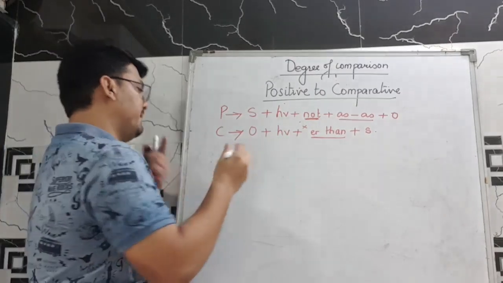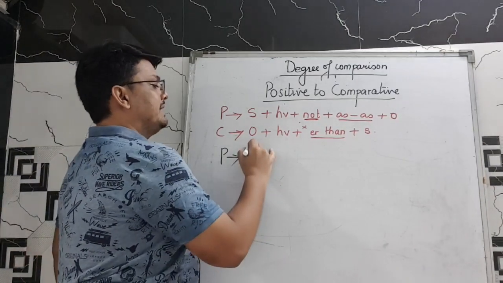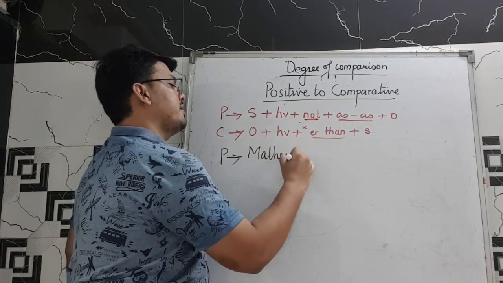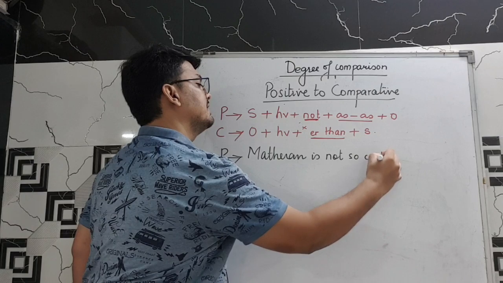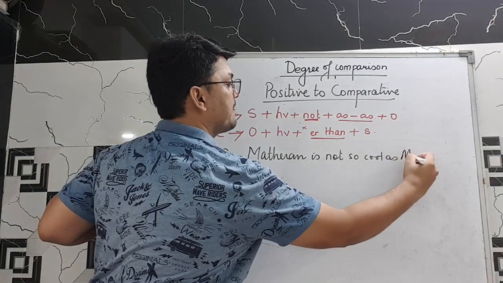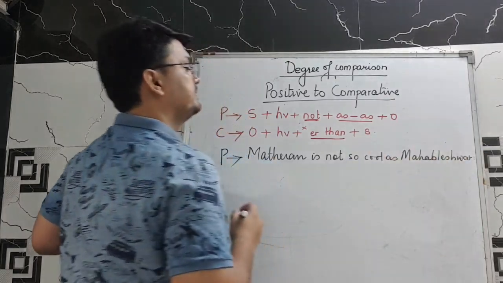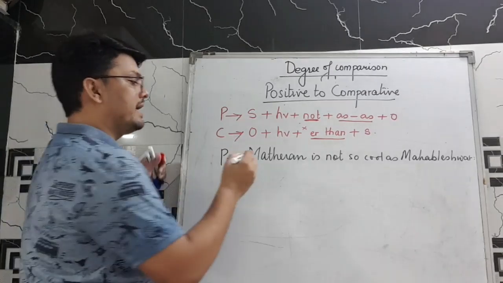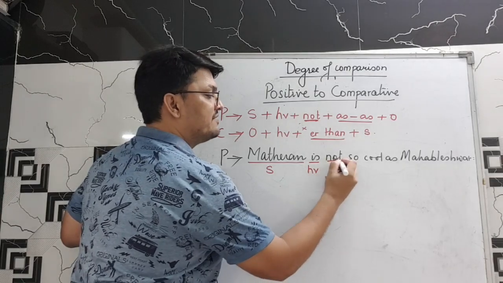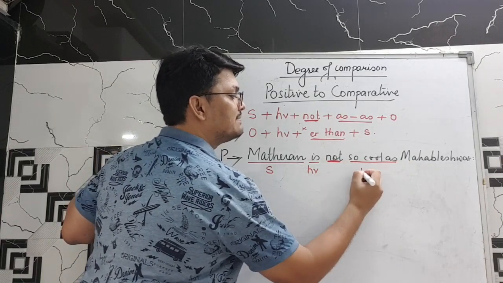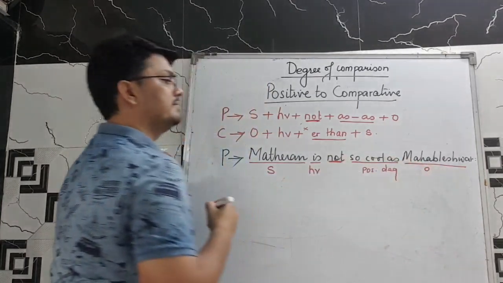Now let's take an example. Positive degree: Matheran is not so cool as Mahabaleshwar. Here you can see Matheran is subject, is helping verb. We have seen not over here. So cool as is positive degree, and Mahabaleshwar is object.